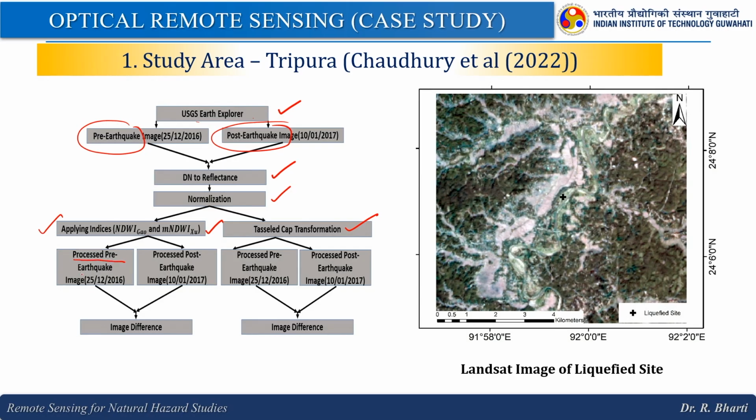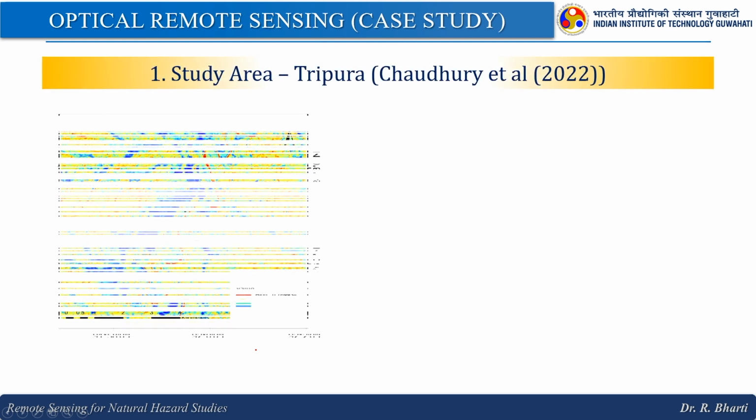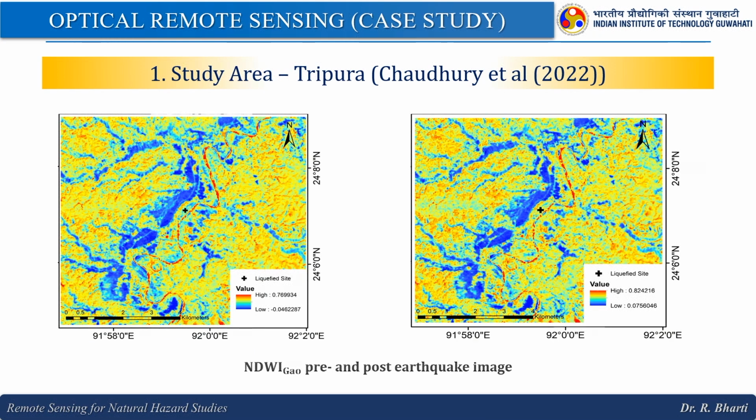So, the processed pre-earthquake image is for December 2016, and this is January 2017. Then here again for the same date, and from both we are getting the image difference, and that will try to give you the hot spots of that particular region. Here you can see this is from the NDWI Gao pre and post earthquake, right. So, I hope you can see the changes, right. Here you can see the minimum and maximum, minimum and maximum.